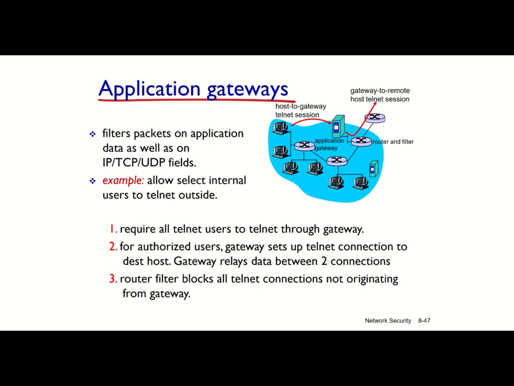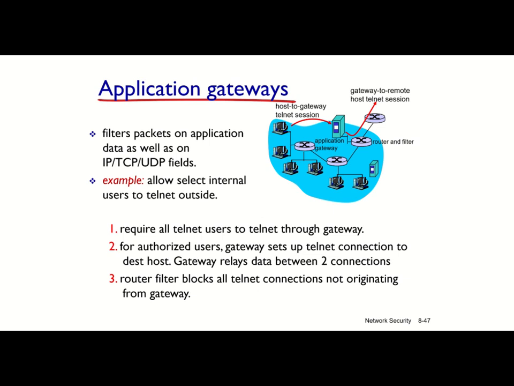First of all, the telnet users have to telnet through this gateway. So if one user wants to telnet directly without sending it to this application gateway, then the router or the firewall simply blocks those telnet connections, because they're not originating from the gateway.